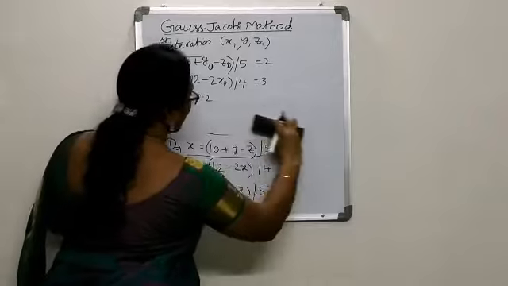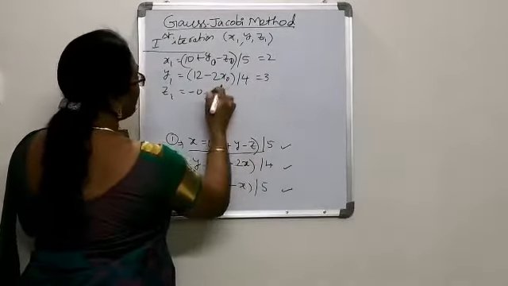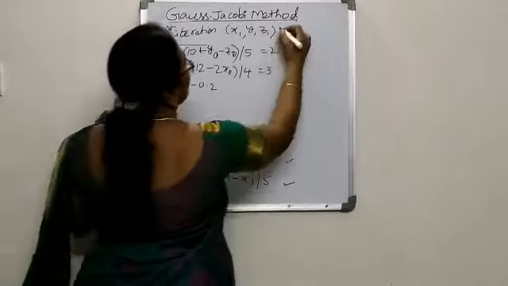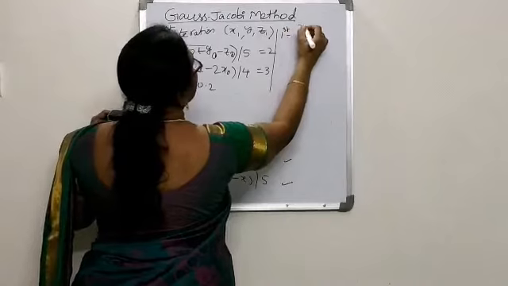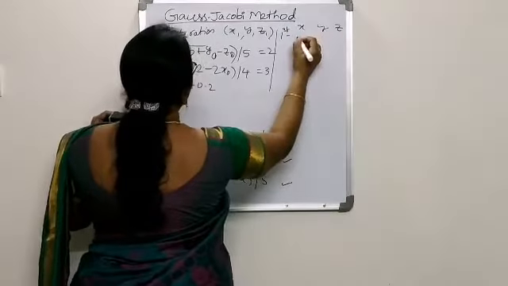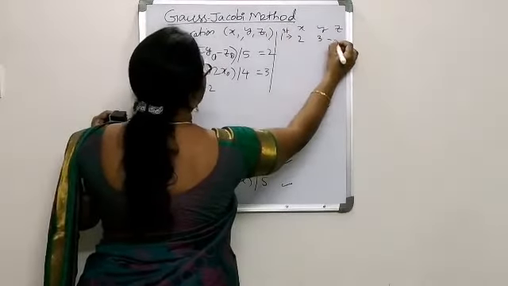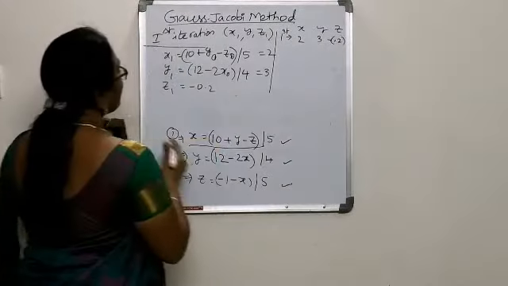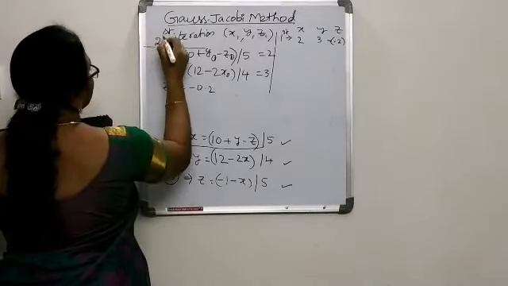Now from the first approximation, the values of the variables are 2, 3, minus 0.2. Let me tabulate the values here: in the first approximation, the values of x, y, z are 2, 3 and minus 0.2. Right?